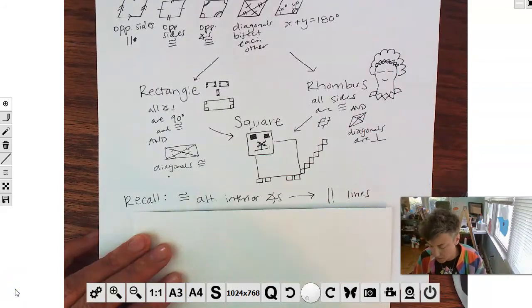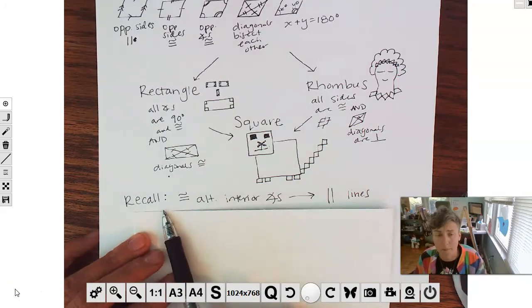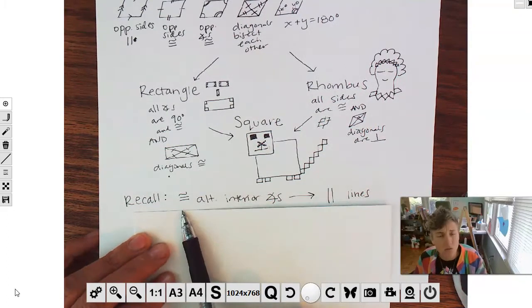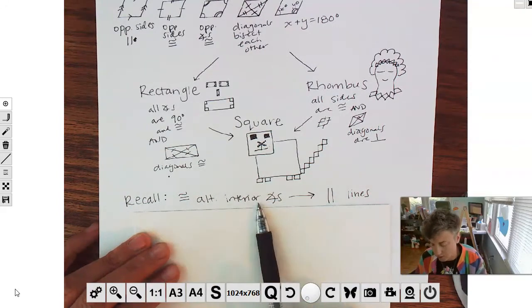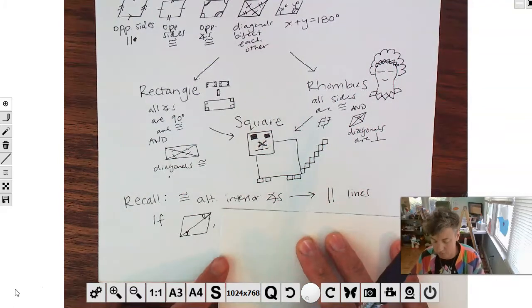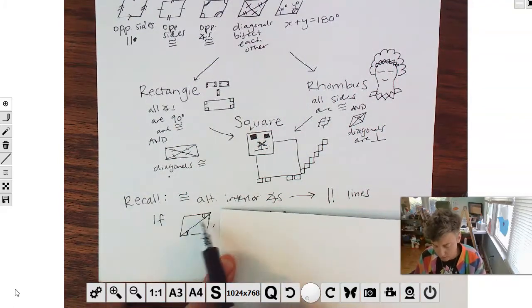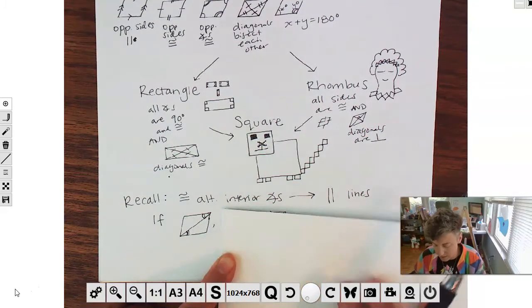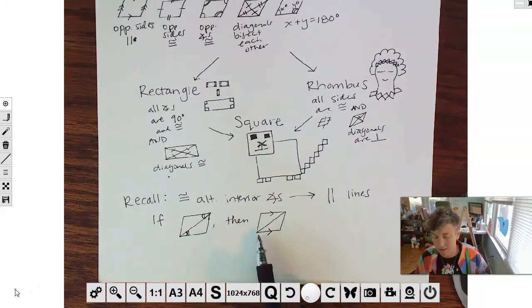There's another thing I want to talk about that might come up, that we need to remember something from first semester of geometry. If you have congruent alternate interior angles, then you have parallel lines. So for example, if we have this picture with a quadrilateral that has the alternate interior angles here that are congruent, that means these lines are parallel.